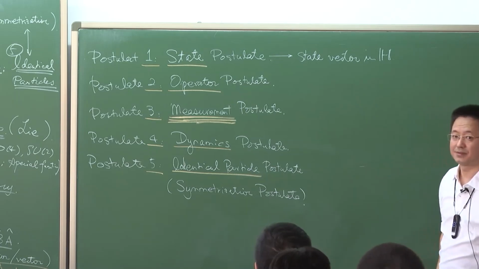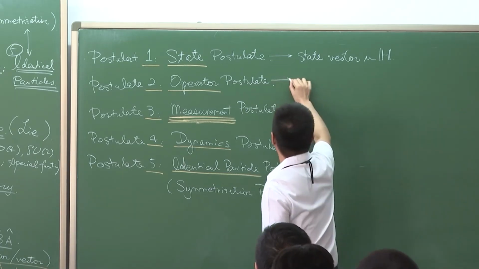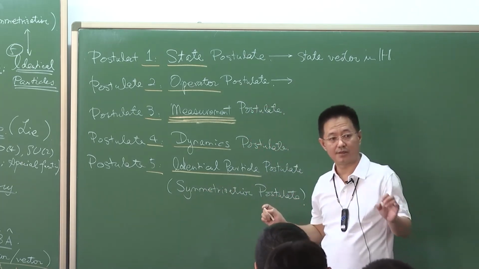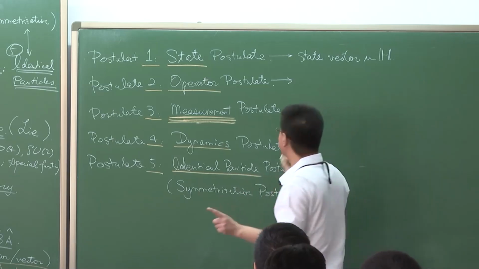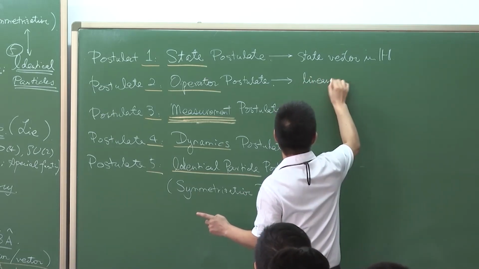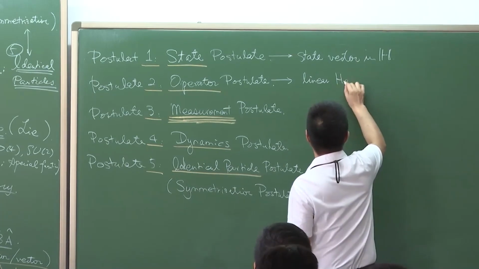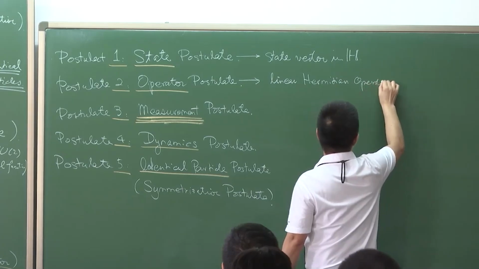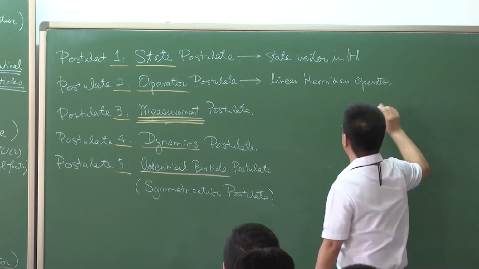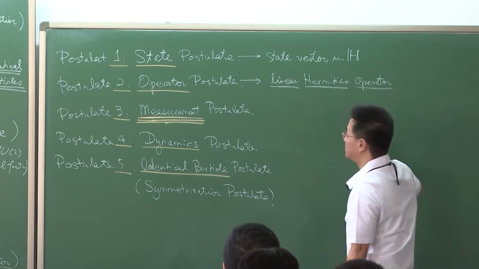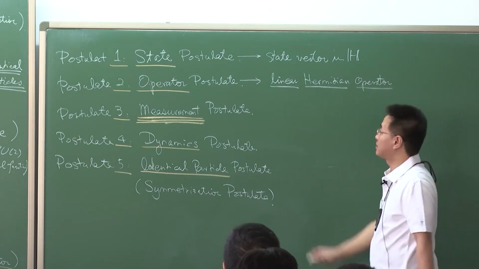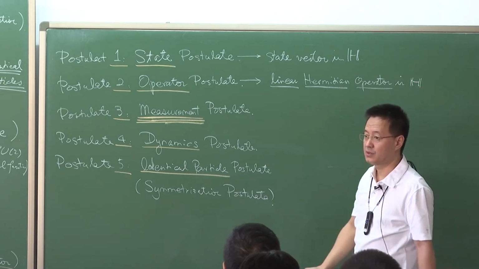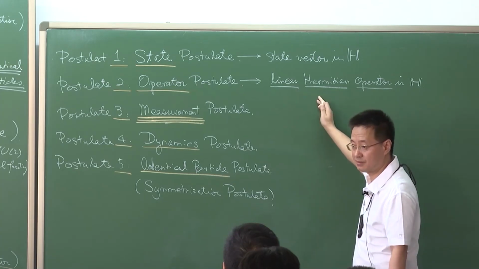And the operator postulate means that every physical quantity is described by a linear and Hermitian operator. This linear Hermitian operator can operate on the state vector in Hilbert space. So the key words are linear and Hermitian.